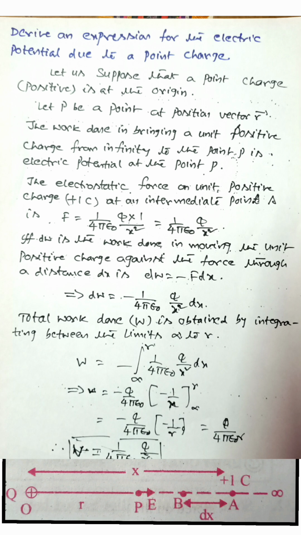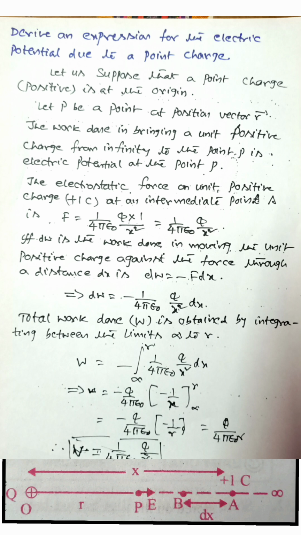If dW is the work done in moving the unit positive charge against the force through a small distance dx, then dW is equal to minus force into distance, F into dx. That implies dW is equal to minus 1 by 4 pi epsilon naught into Q by x square dx.